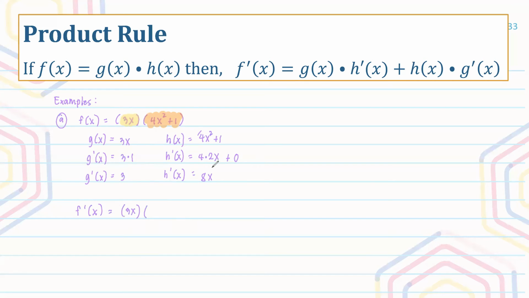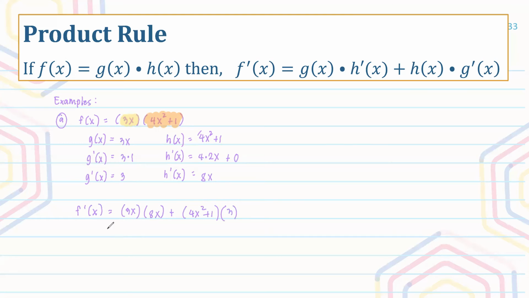Now, the derivative of h of x is 8x, so times 8x plus h of x, which is 4x squared plus 1 times the derivative of g of x, which is 3.